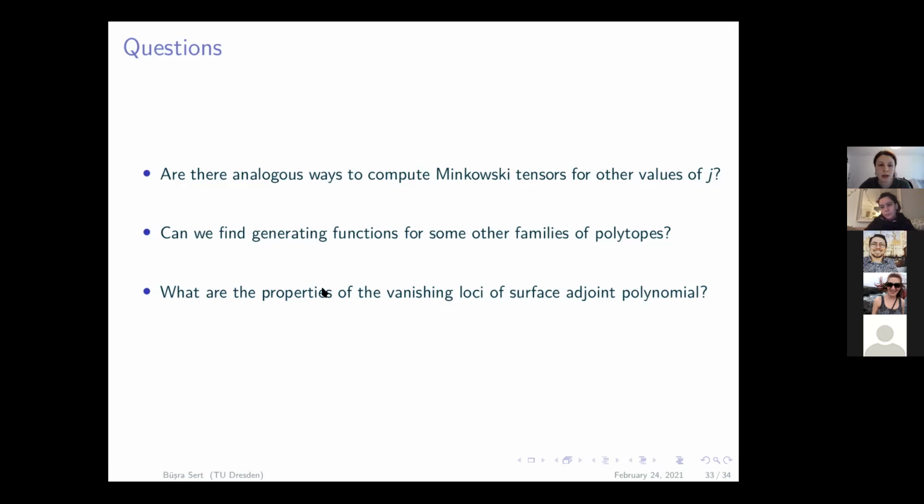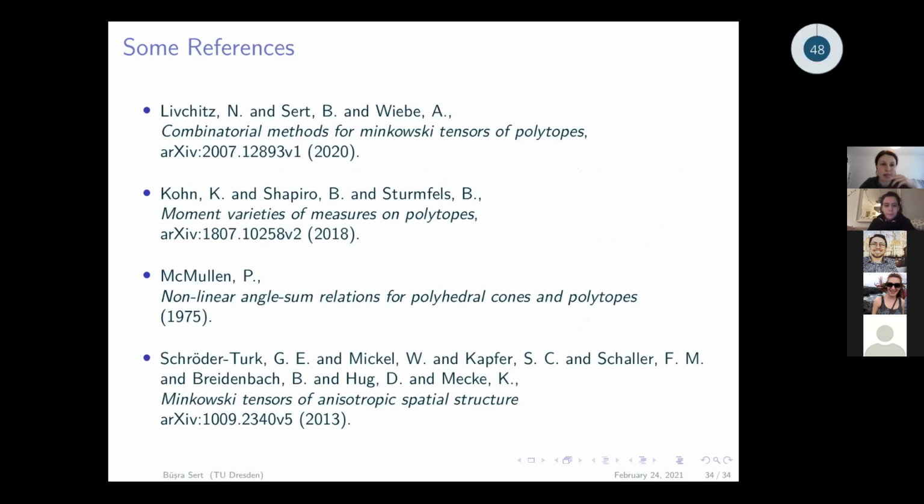But is there also a similar interpretation for the surface adjoint polynomial? That we also don't know. Yeah, those are the questions we have, and here are some references, and thanks a lot.